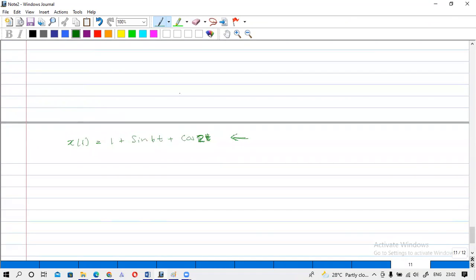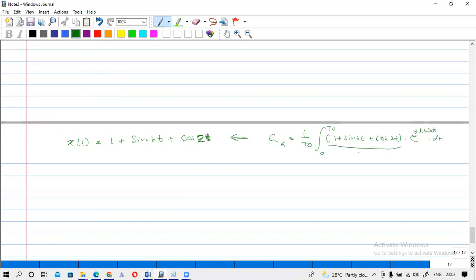Here, to find the coefficients with that principal approach, x(t) is 1 plus sin 6t plus cos 2t times e to the power minus jk omega naught t dt. So this integration is very difficult, you have to do a very long integration. So you need not go through this method.